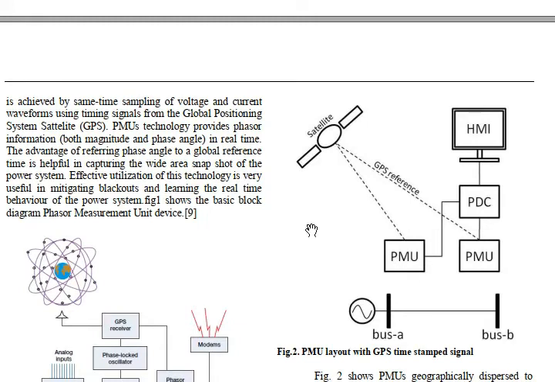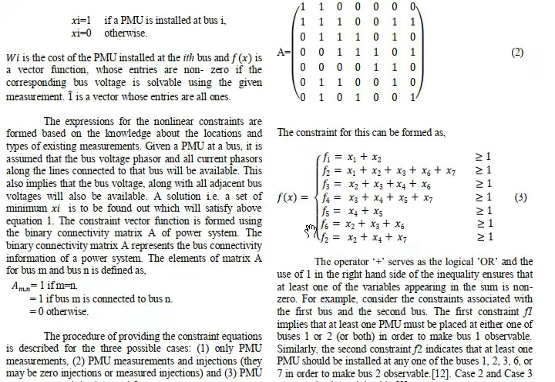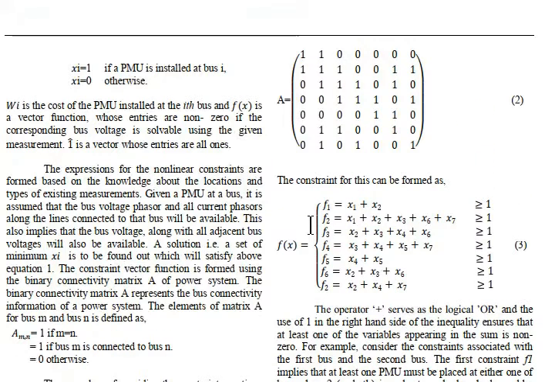Our focus again in this lecture will be to use the minimum number of PMUs for the observability of a system. Observability, what does observability mean? If for each bus of the system, its phasor can be measured with the help of PMUs, then all the buses are observable.